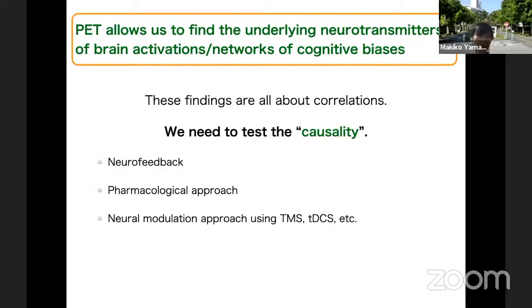And we can use neurofeedback, as many other studies are using fMRI, or we can do a pharmacological approach or neuromodulation approach using TMS-tDCS. So I'm showing if we can change cognitive biases using first neurofeedback and then talking about the pharmacological approach.